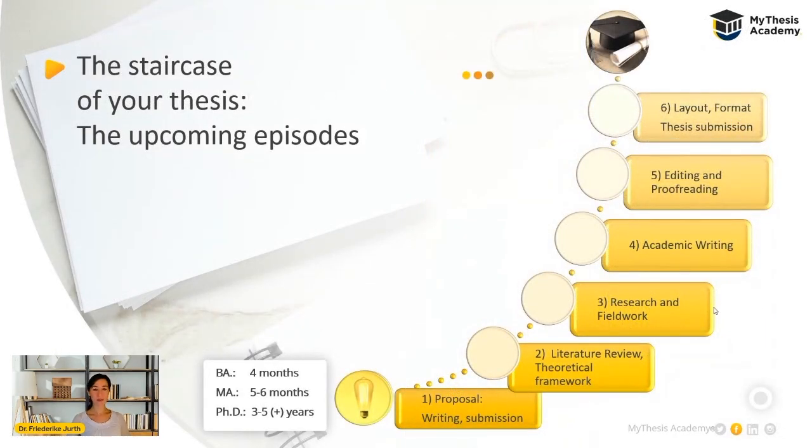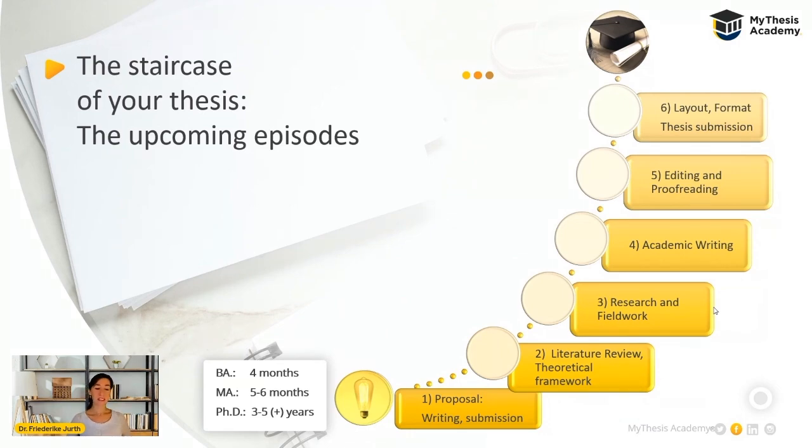So, first of all, it is very necessary that you know the different stages and the staircase of the upcoming periods, and that you set these different parts in relation to the time that you will spend on your thesis.